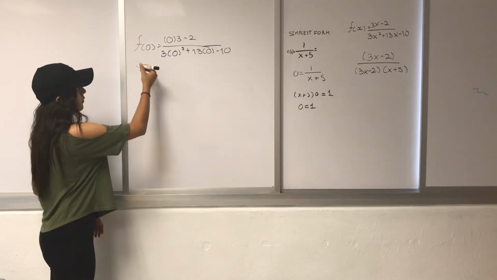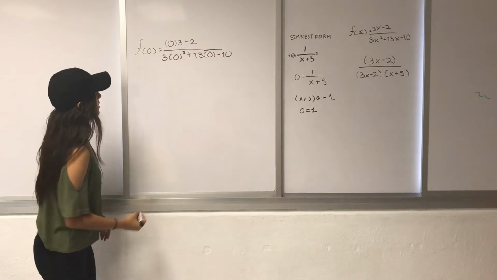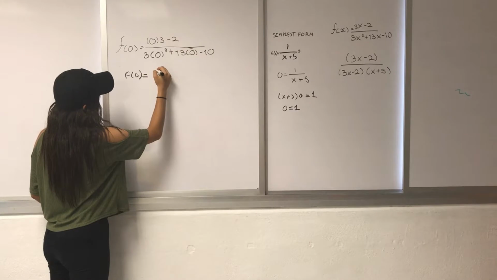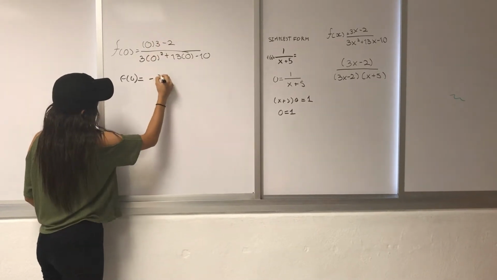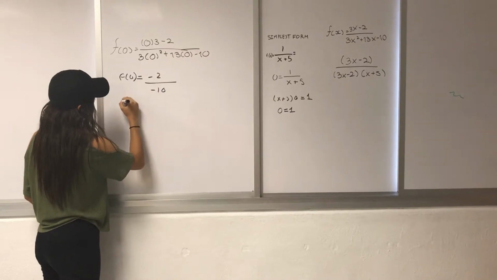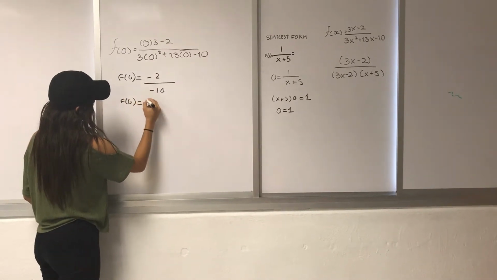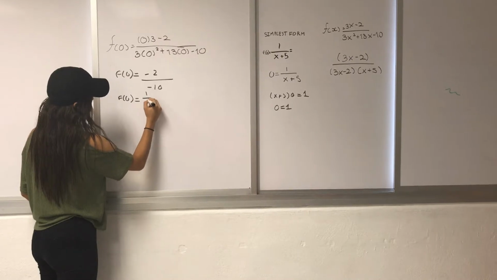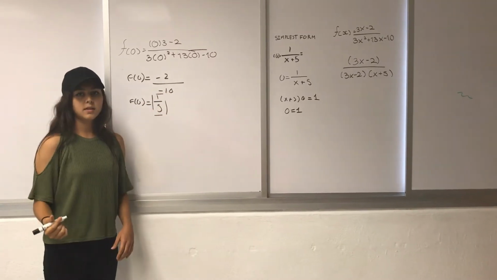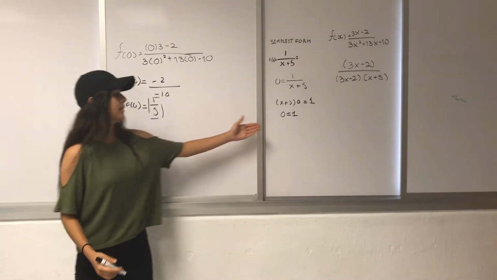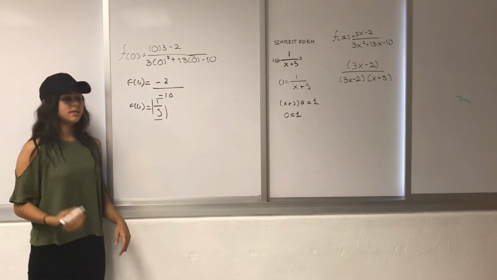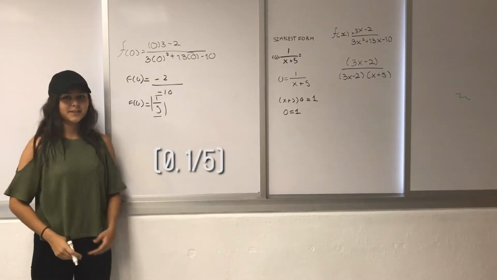So now we will evaluate when x is equal to 0. And this is our y-intercept. We have a contradiction in the x-intercept, and we have a y-intercept, which is equal to 1/5.